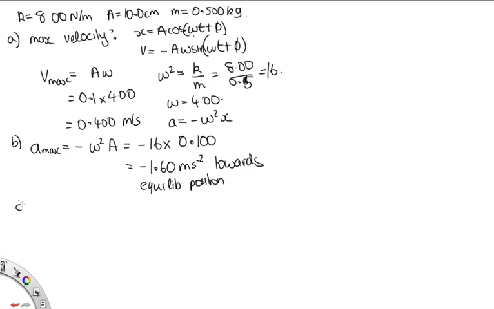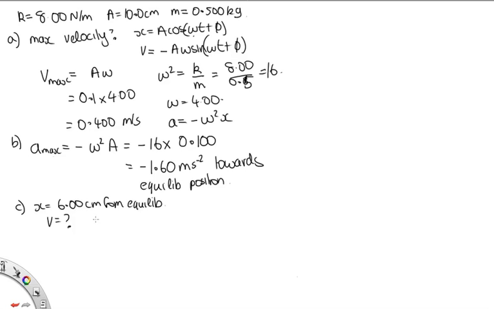Now part C. We were told x is now equal to 6.00 centimeters from equilibrium, and we were asked what's its speed. Now, one way to do this is to work out at what time it's at 6 centimeters and then use our velocity equation with the time to work out what the velocity is at that time.